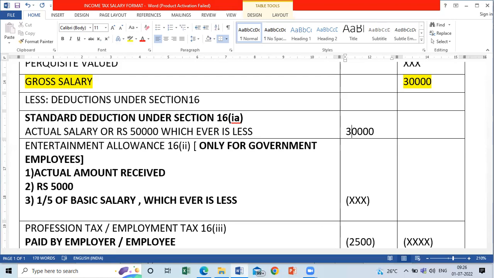The second point under deduction is entertainment allowance.